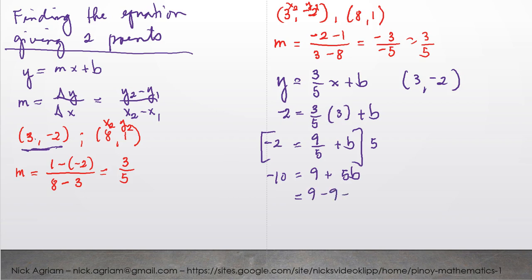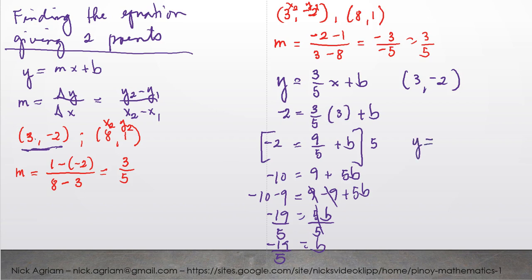Subtracting both sides of the equation by 9, we have negative 10 minus 9, and 9 minus 9 is 0, plus 5b. And we have negative 19 is equal to 5b. Dividing both sides of the equation by 5, then we have b as negative 19/5.